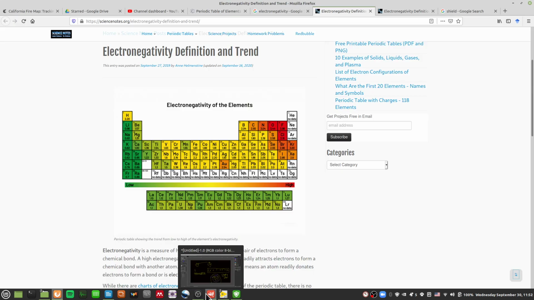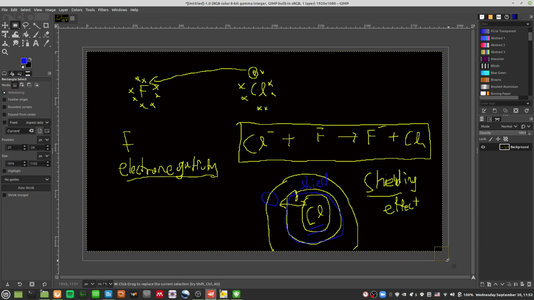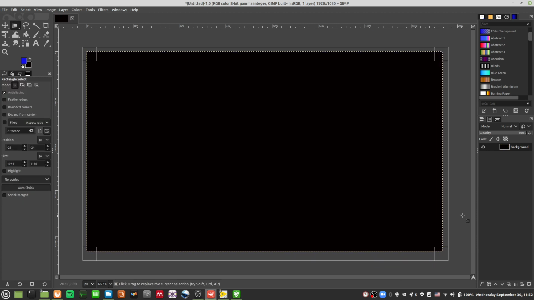So electronegativity is one explanation for this reactivity. It's how badly the atom wants to take an electron in to form an ion. That's what electronegativity is about. It's a very long word, but that's what it's describing.